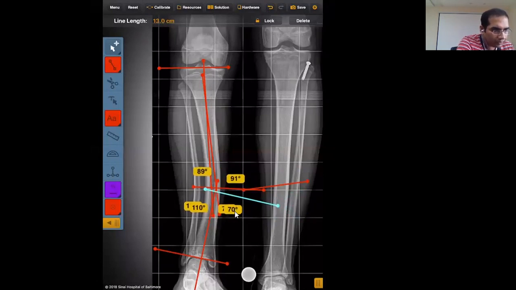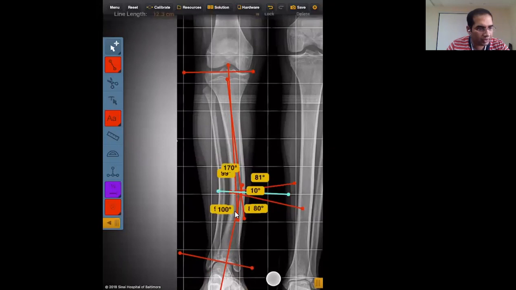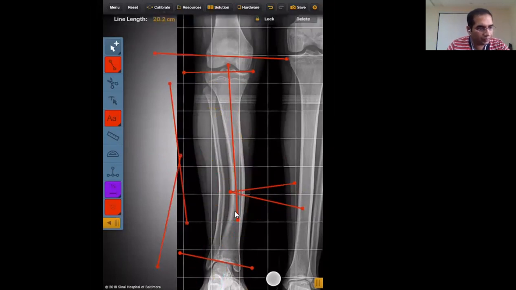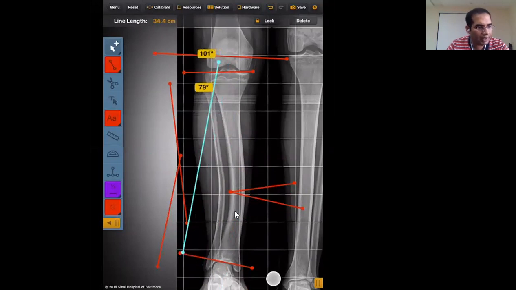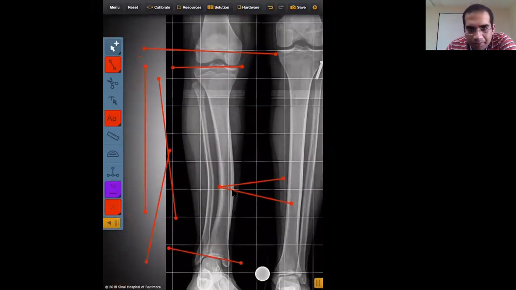Okay, this is the apex of the deformity. Now let me remove the other lines so that you can appreciate. My planning has given me the wedge that I need to take out.